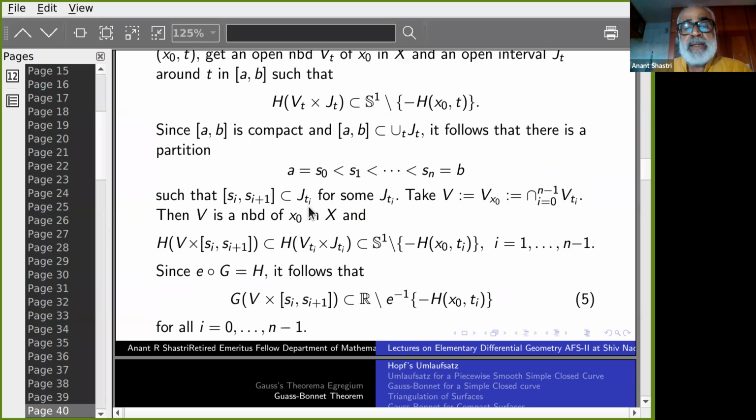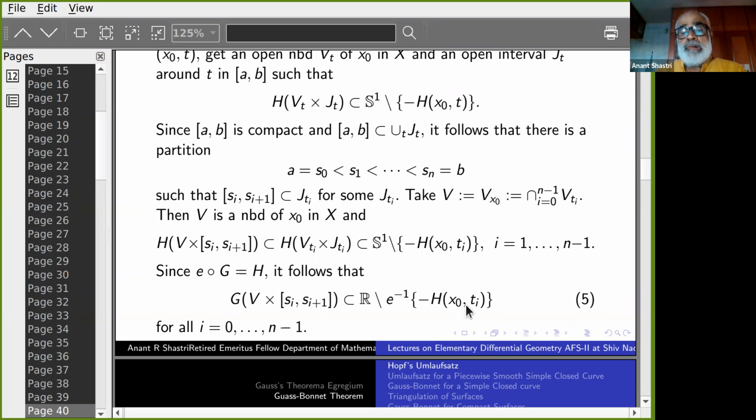S_{i+1} is contained in J_{ti} by our choice. Therefore, it is contained in this one. These are all contained in S1 minus H(x0, t_i). I mean, t is a variable here, so I have to put the corresponding H(x0, t_i).